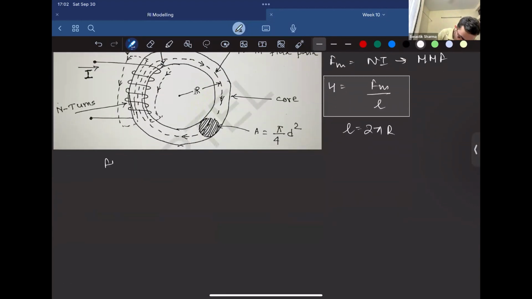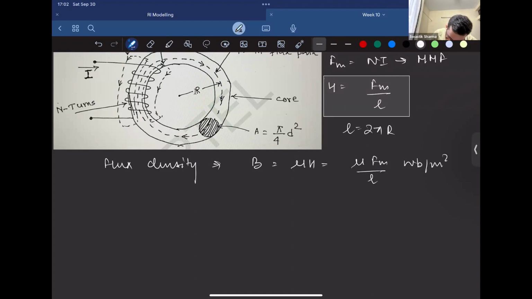Now the flux density of the core is B, which is mu times H, which can be written as mu times Fm upon L, right? The unit is Weber per meter square, and the flux is B times A, which can be written as mu Fm upon L times A. So this can also be written as Fm upon L upon A mu.